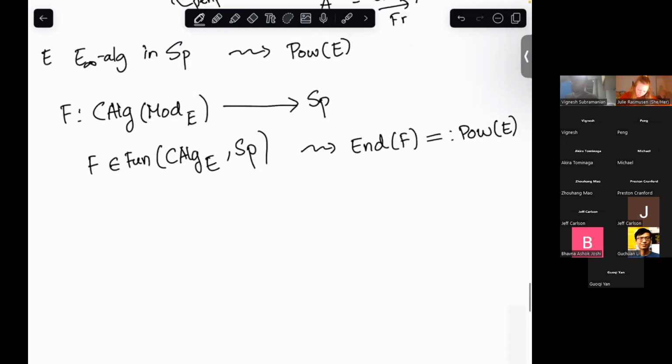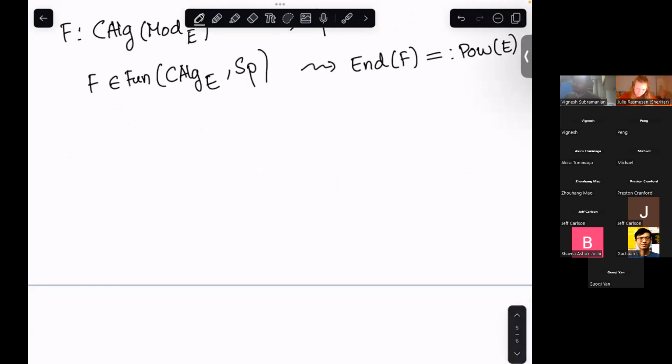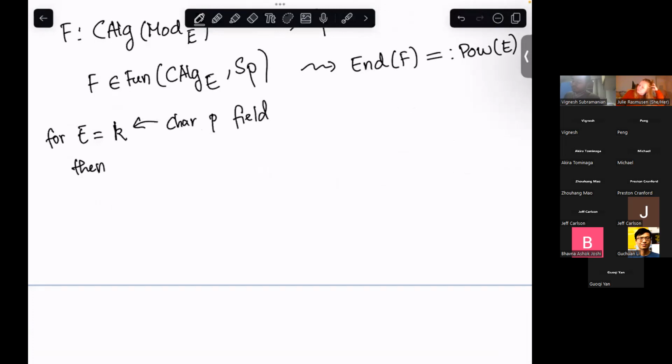Why do we call this the algebra of power operations? It is because if I set my commutative algebra to be K, a characteristic p field, then the power operation algebra is given by the algebra that I talked about before, the Dirichlet algebra.